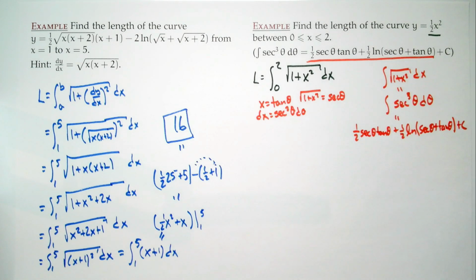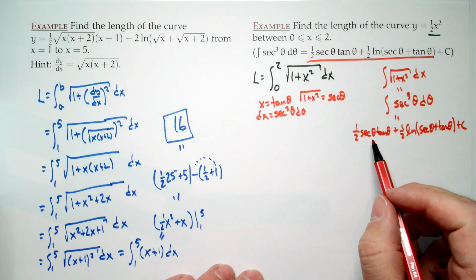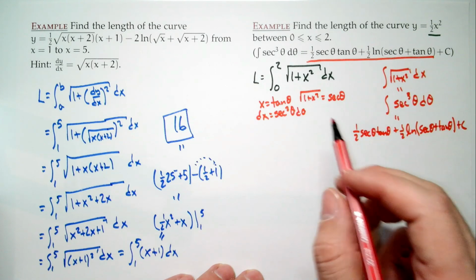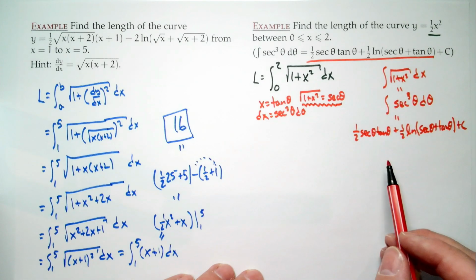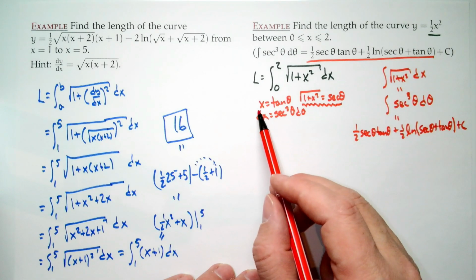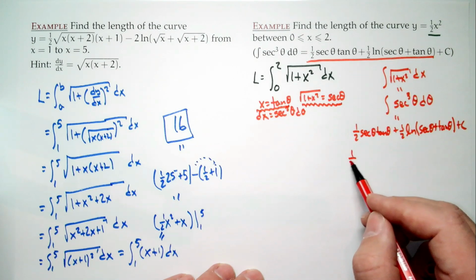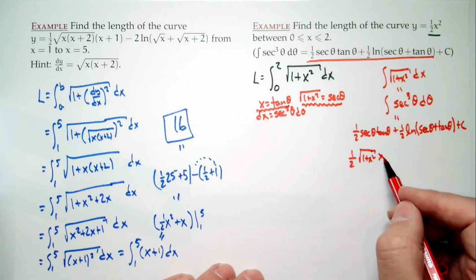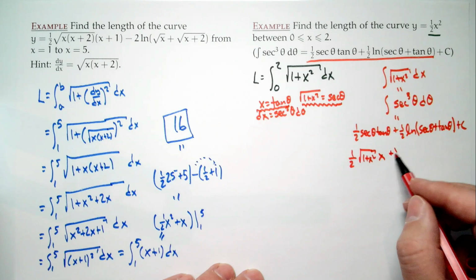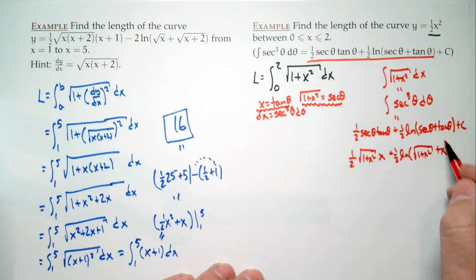All right, now we're not quite done because we've got to replace all these pieces. Secant, what will secant become? Well, square root of 1 plus x squared. What will tangent become? It'll become x. So it'll be 1/2 square root of 1 plus x squared times x plus 1/2 natural log of square root of 1 plus x squared plus x.